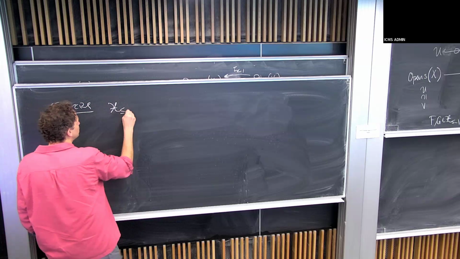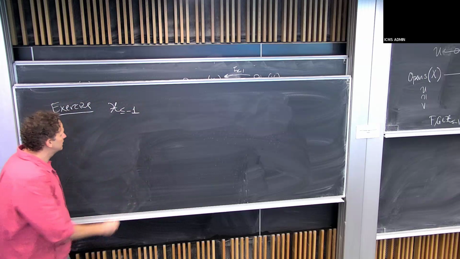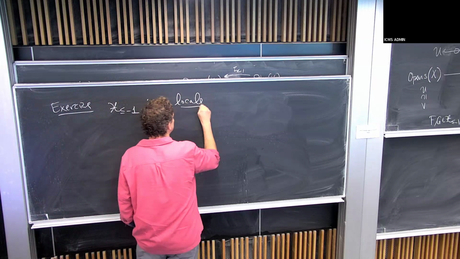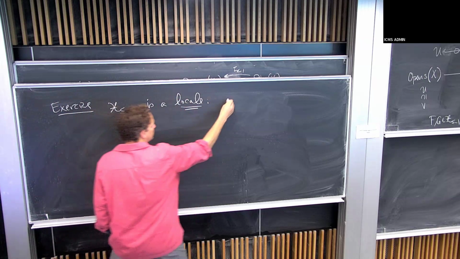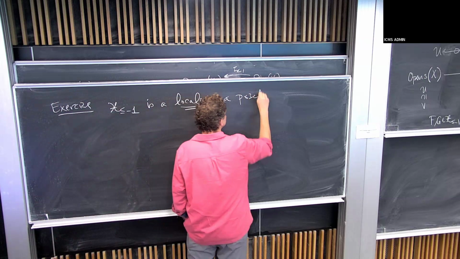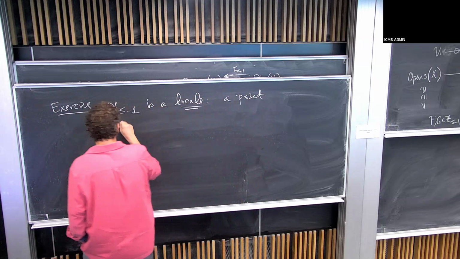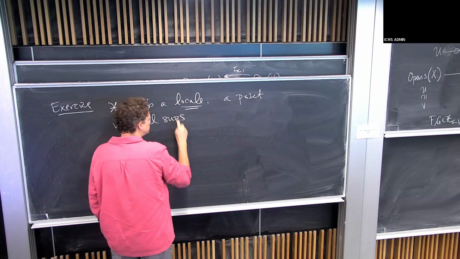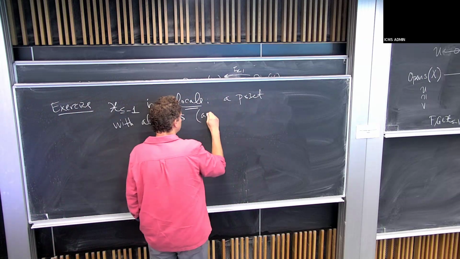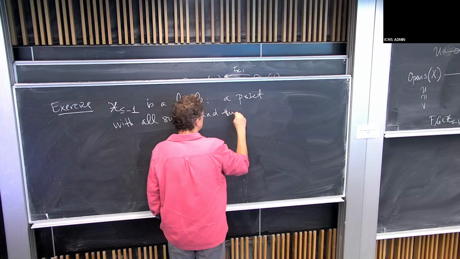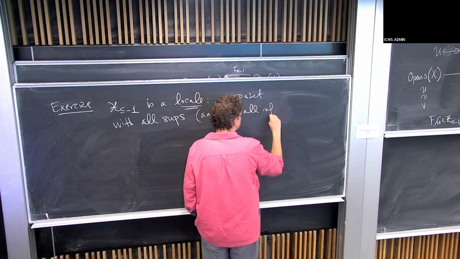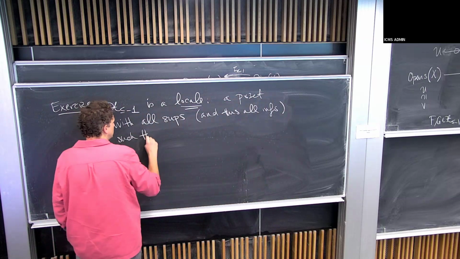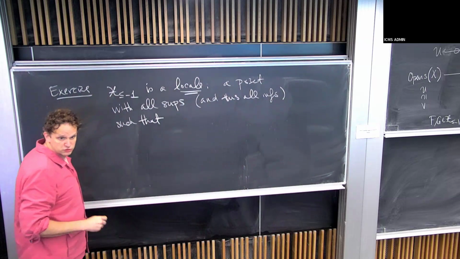This category of -1 truncated objects is what's called a locale. So it's a poset with all sups and also therefore all infs, such that there's a distributive law that holds.